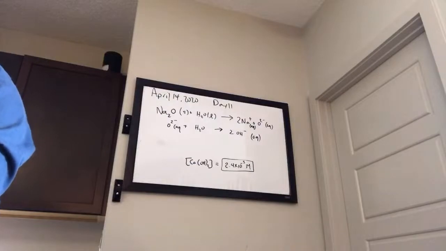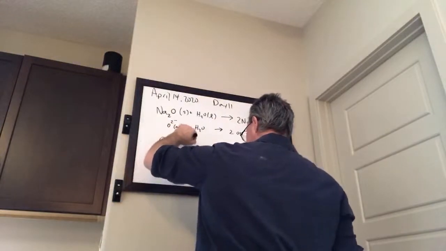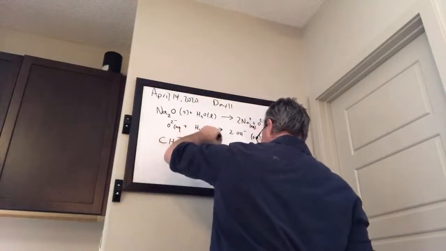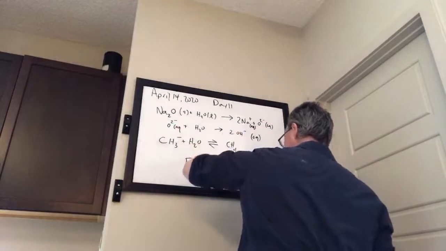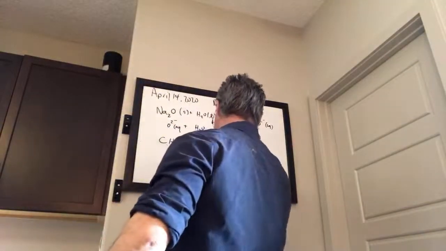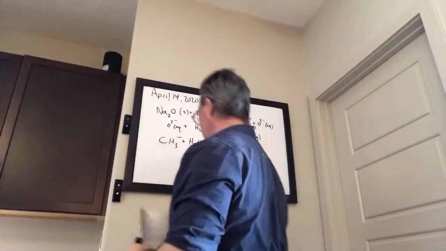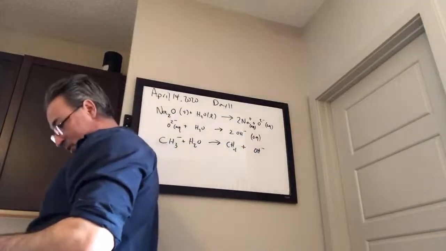Well, it just pulls a proton off water and generates methane. CH3 minus plus H2O will generate methane, and you get hydroxide. It'll basify the water. But methane, it actually won't go the other way. It's a one-way reaction. The equilibrium going that way is negligible.